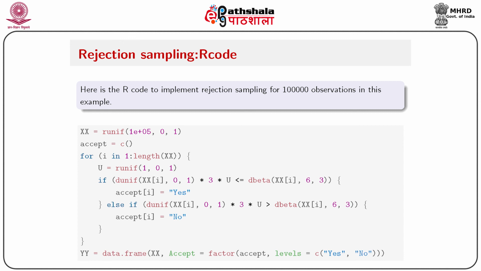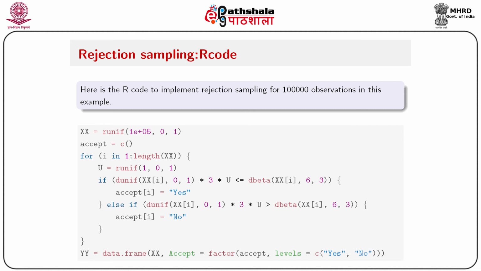Here is the R code to implement rejection sampling of 1 lakh observations in this example. First we generate xx as 1 lakh uniform variates from 0 to 1, and define accept equals to c() empty, and then use a for loop with i from 1 to the length of xx, that is 1 lakh.